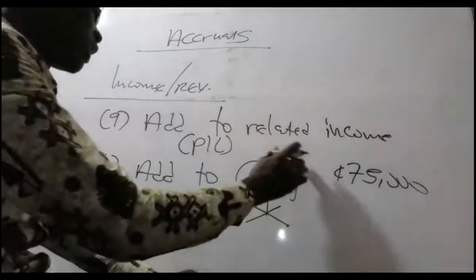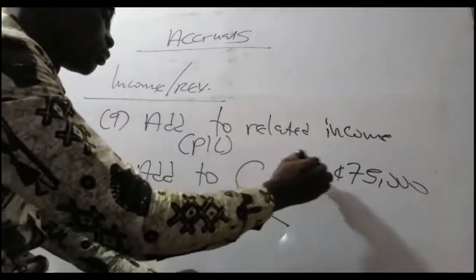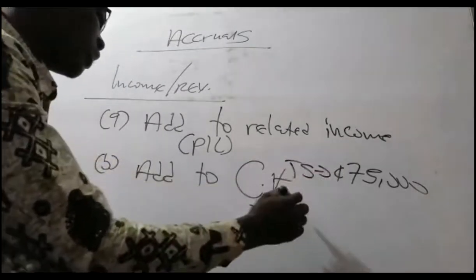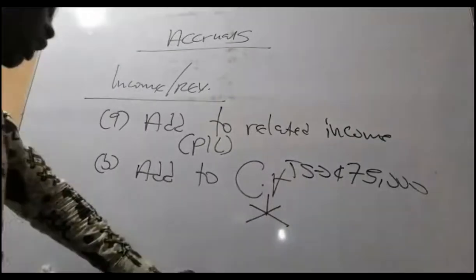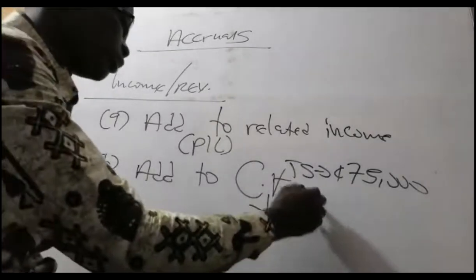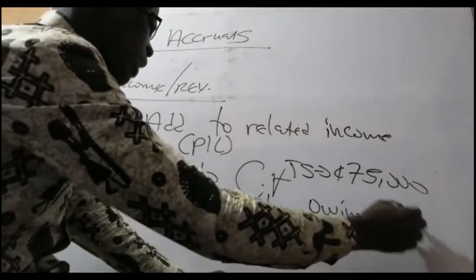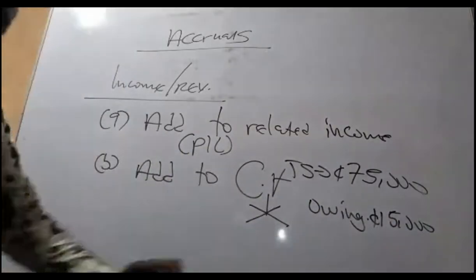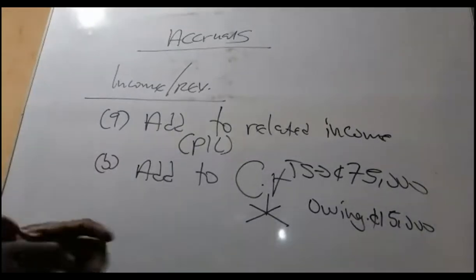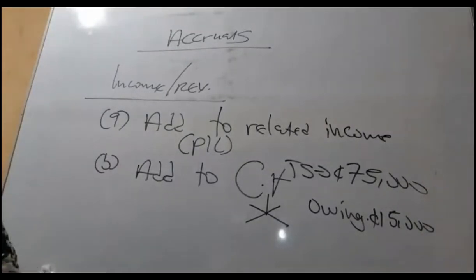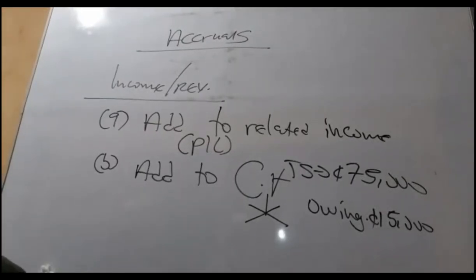So this is the total sales, and then out of it, the amount outstanding or owing is 15,000 by the end of the year. The whole year you made a sale of 75,000 in the COVID period. At the end of the year, 15,000 of the amount has not been received. So they are owing you.